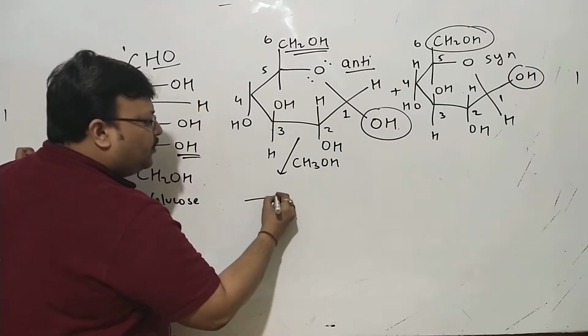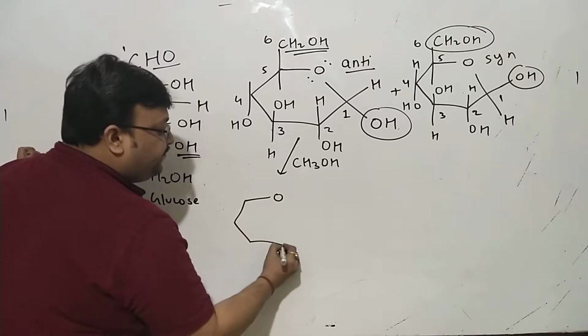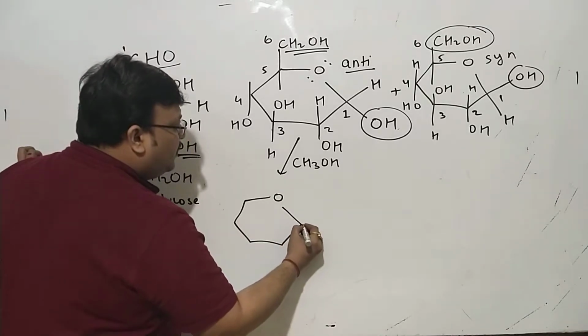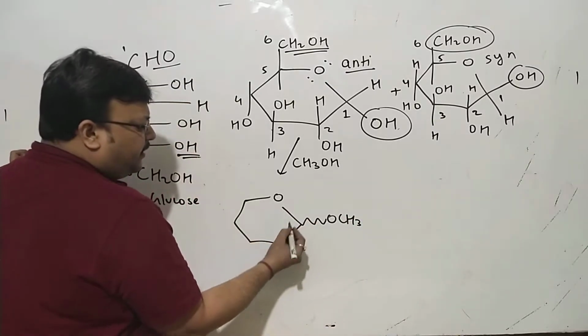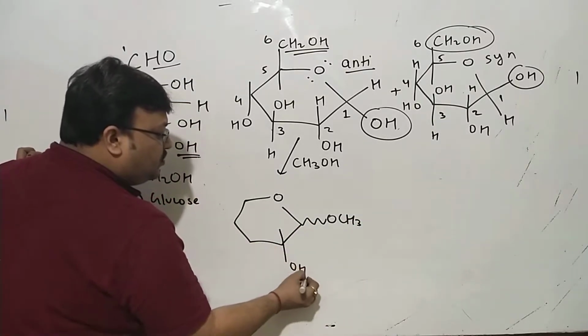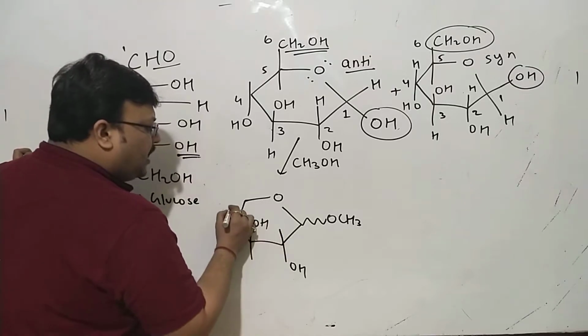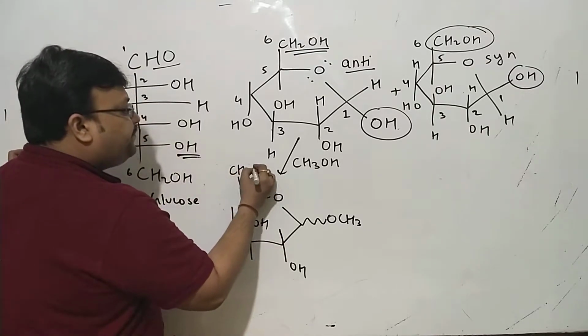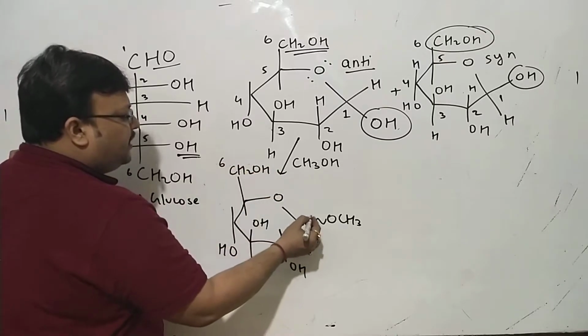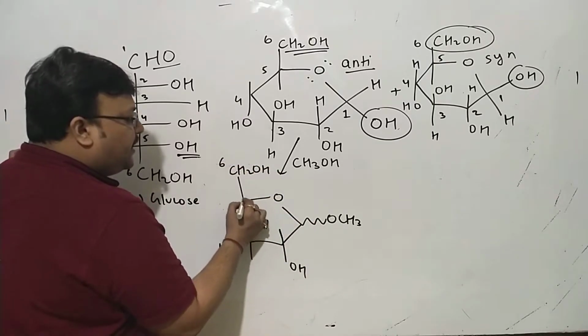And this is how it will look. Curvilinear means it doesn't matter whether it's alpha or beta. Carbon 2 OH down, carbon 3 OH up, carbon 4 OH down, carbon 5, this CH2OH up. And I told you this could be up or down, alpha or beta, doesn't matter.